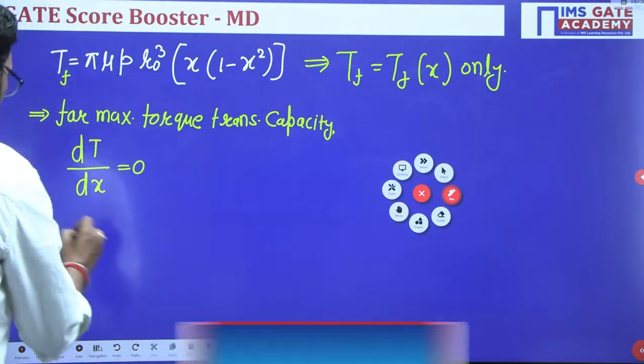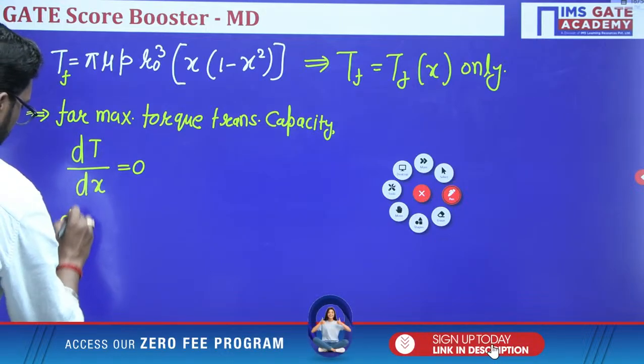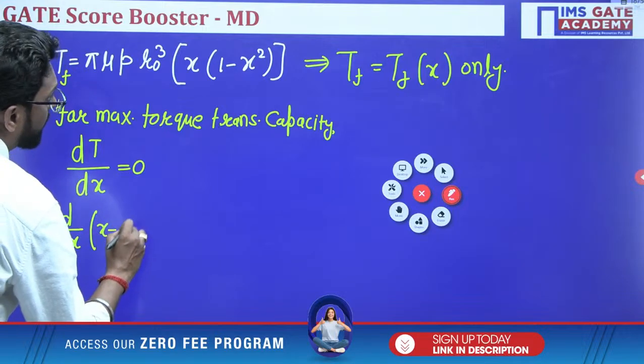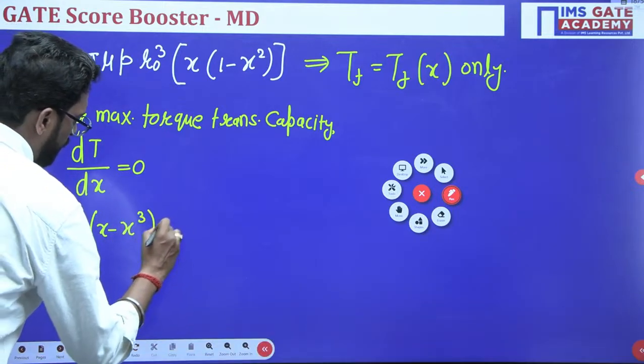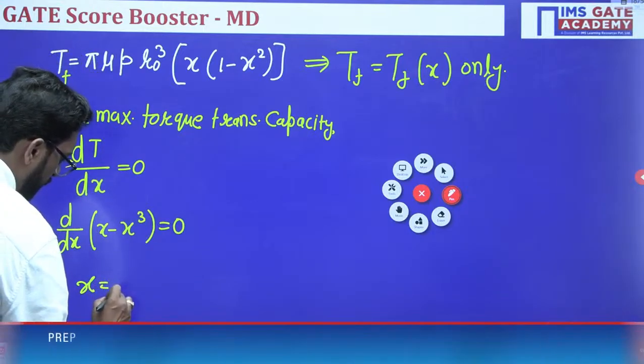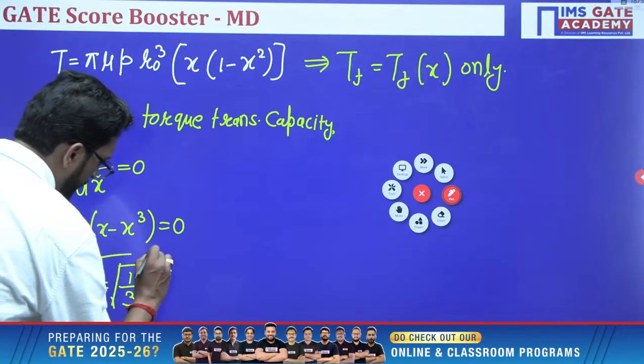So if you differentiate this thing, d by dx of (x minus x cube) is equal to 0. So from here x is equal to root under 1 by 3. This is your x value.